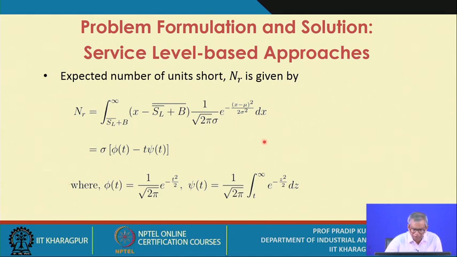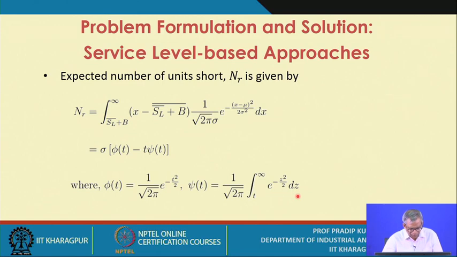If you simplify this expression, ultimately you will find that NR is nothing but sigma into (phi(t) minus t into psi(t)), where phi(t) is 1 upon root over 2 pi, e to the power minus t square by 2, and psi(t) is 1 minus capital F(t), where capital F(t) is basically the distribution function. So psi(t) is 1 upon root over 2 pi, integration from t to infinity of e to the power minus z square by 2 dz. Is it okay? So if you follow the steps, ultimately you will get this expression.